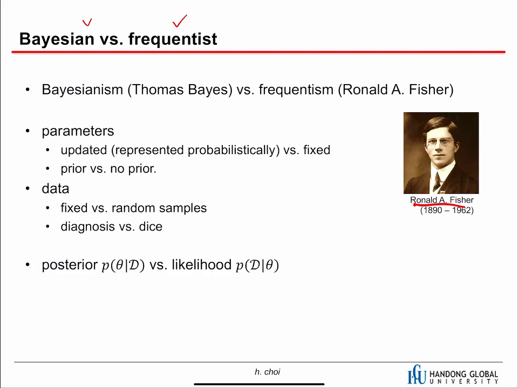If you have a head from a coin toss, yes, it is true data. If you have a tail, that's true data. But to frequentists, it's random samples. When you have some samples, head or tail, yes, they're true samples, but they don't actually represent the true parameter. And if we have enough data samples, then they will converge to the true parameters.